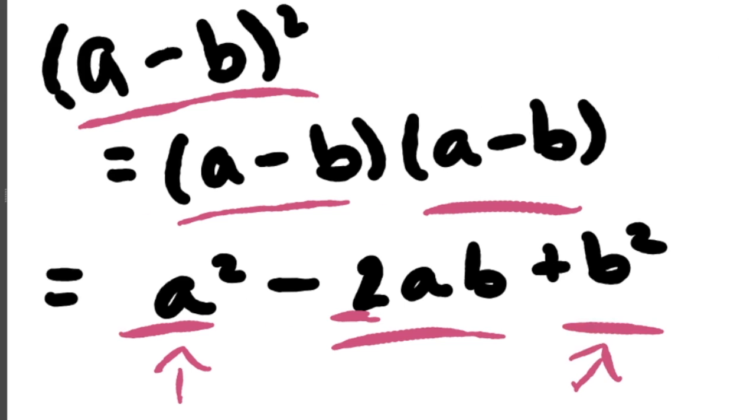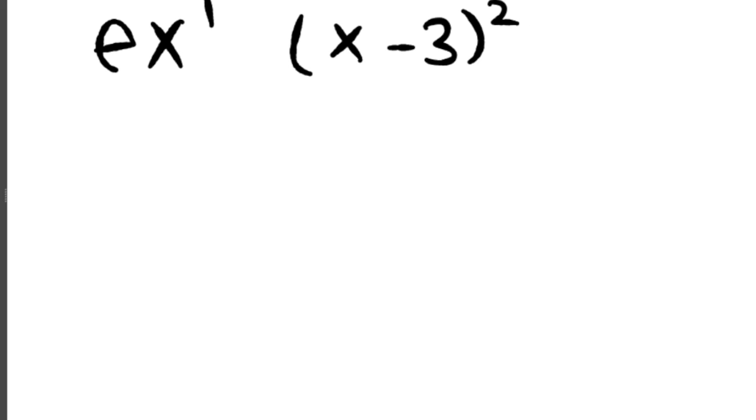So an example of this would be x minus 3. What we first want to do is identify a, and a, as we can see, is x. And b is negative 3.